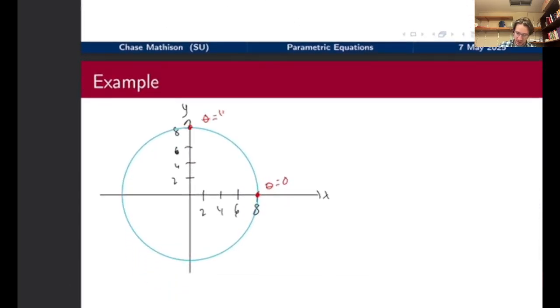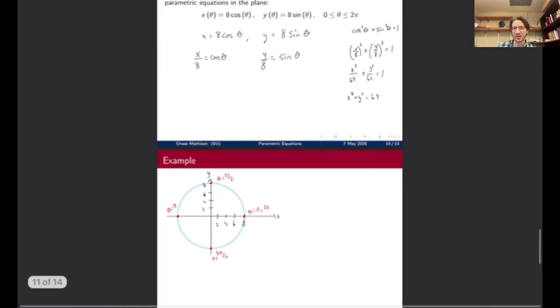When theta is pi, I'm getting this point over here. When theta is 3 pi over 2, I'm getting this point over here. And when theta is 2 pi, I'm getting this point over here. So we are getting the full circle traced out exactly once. So I'm just going to leave it like that.